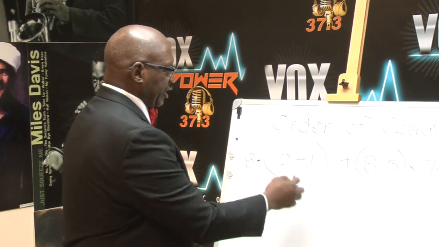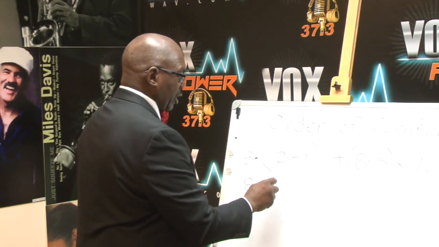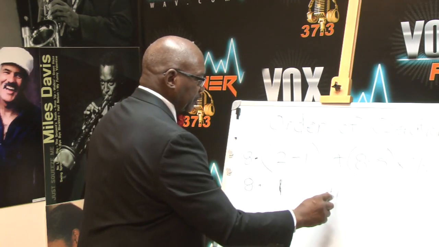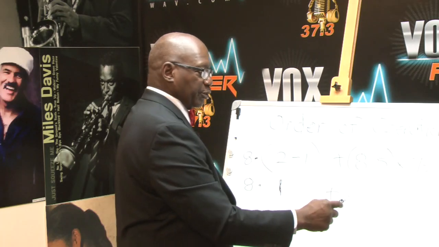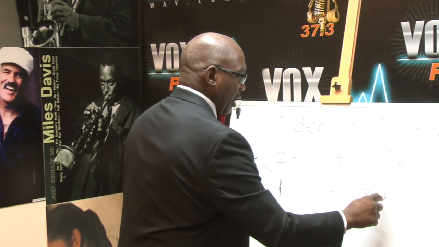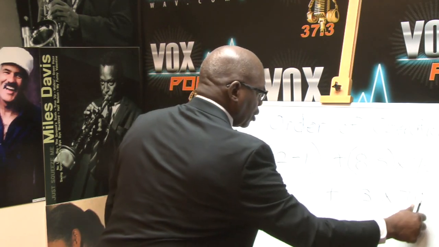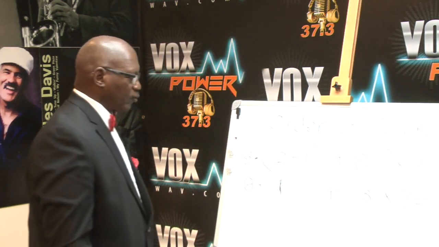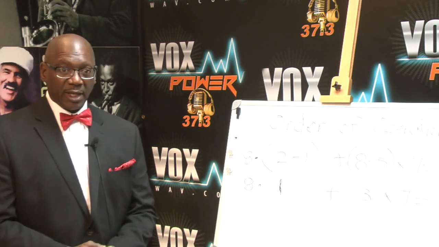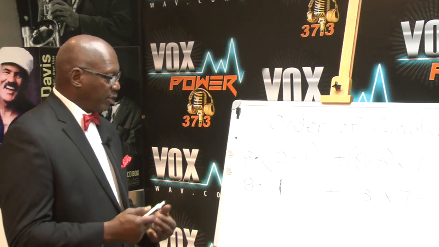So again, parentheses. We're going to just say it out here, times 2 minus 1 is 1, plus, what's in parentheses we're going to do? 8 minus 5, that's 3, times 7 equals. Now, we've done what's in parentheses. Now again, parentheses, exponents, multiplication, division, whatever comes first.